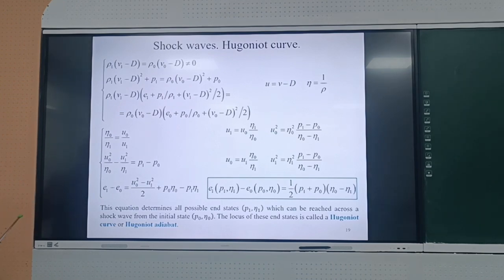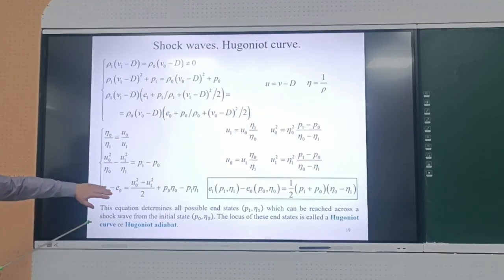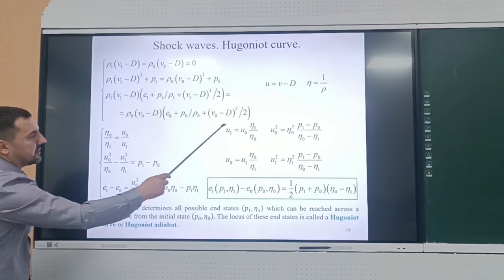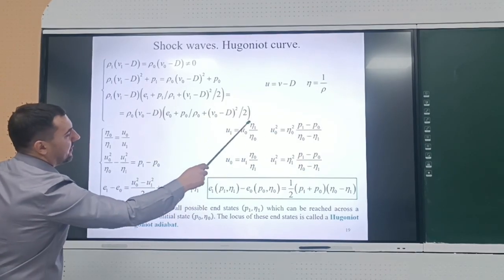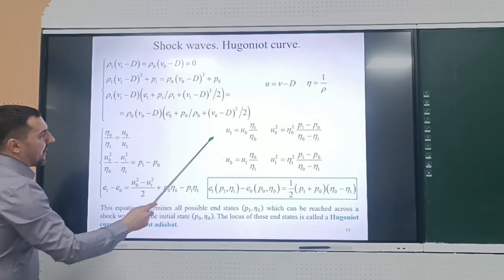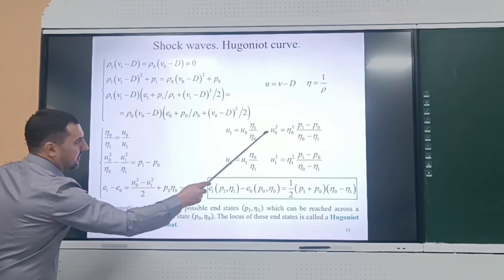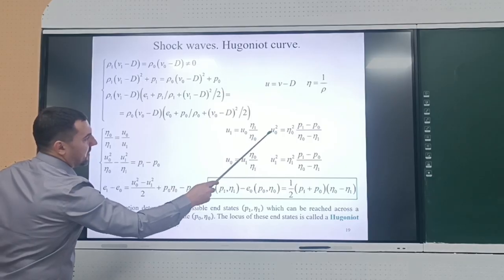Then let's do the following. Let's exclude velocities from these first two equations and put them into the energy equation. For that, we should express u1 as a function of u0 and eta, and then put it in the momentum conservation law. In this way, we will obtain u sub 0 squared.